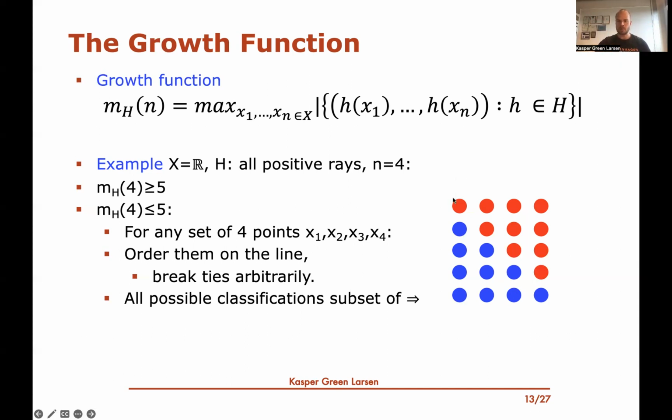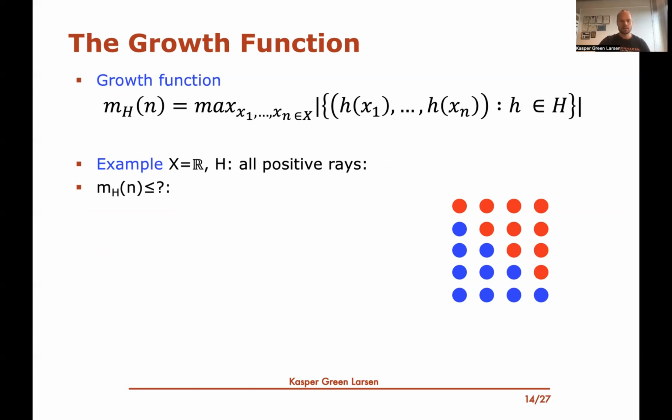So maybe x4 is the smallest, maybe x2 is the second one, x1 is the third one, and x3 is the fourth one, depending on their ordering. But no matter what 4 points you give me, I can always order them on the line, and then any labeling I can generate will be one of those 5 over here. Which means that the growth function cannot be larger than 5, in particular, it therefore equals 5.